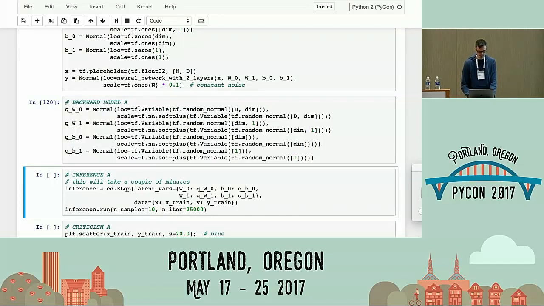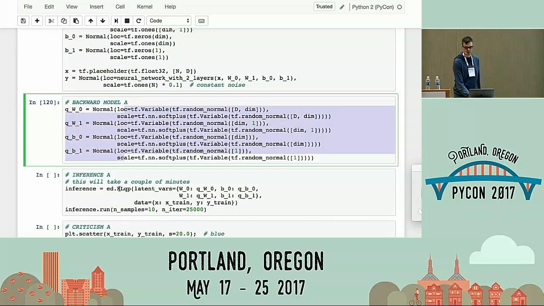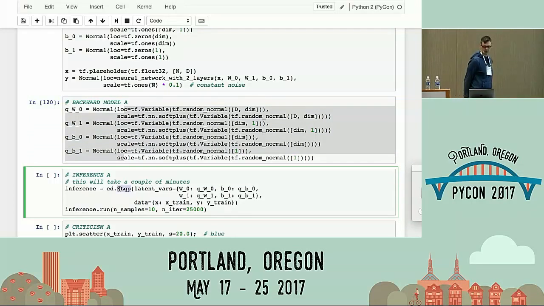And then for the inference, I will use variational inference, and this is, since time is running out, the only example where you see variational inference really in all its glory and why it's useful.